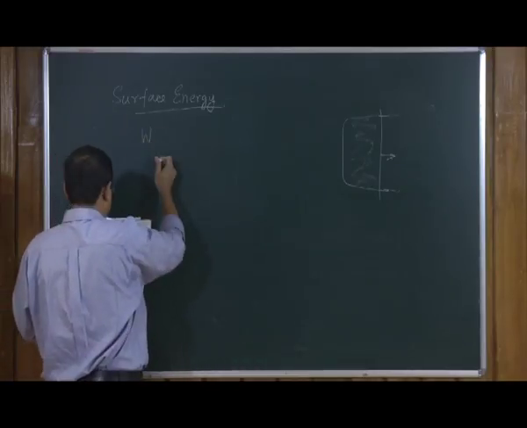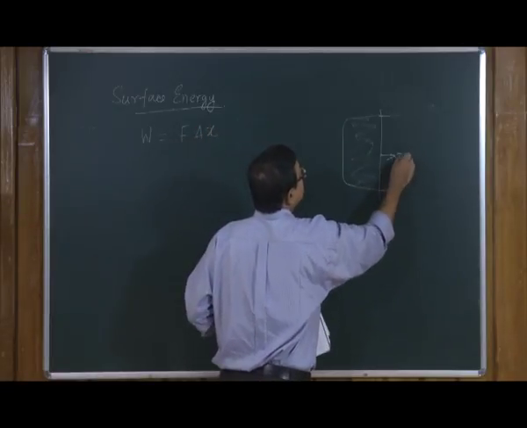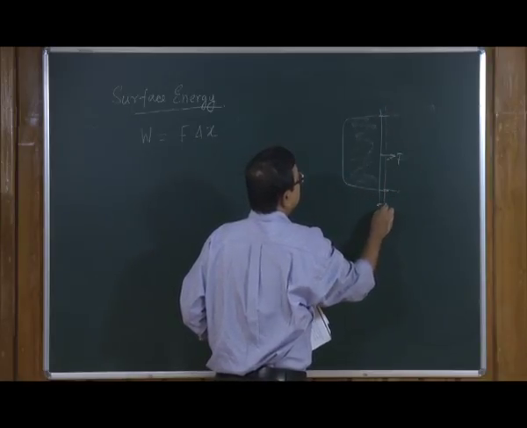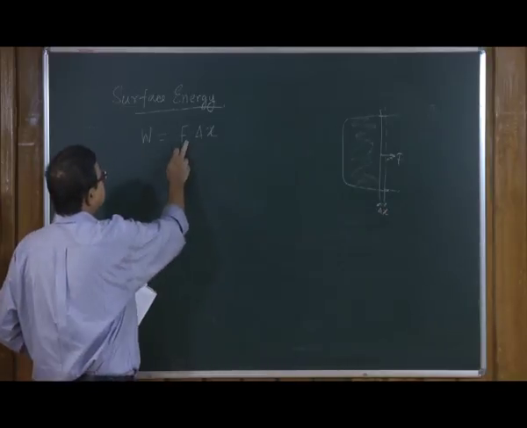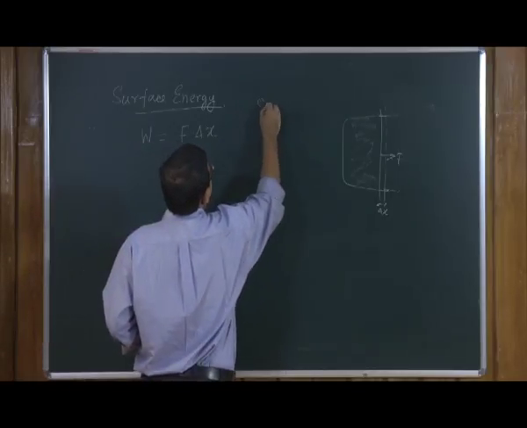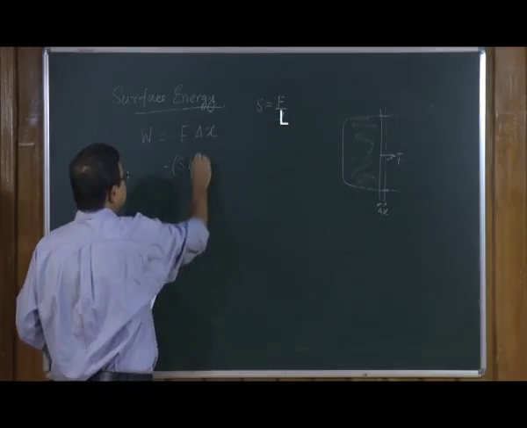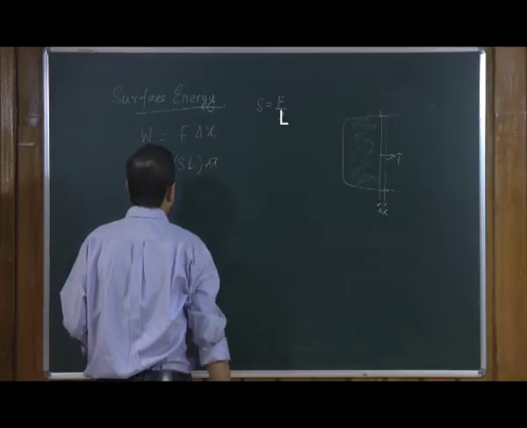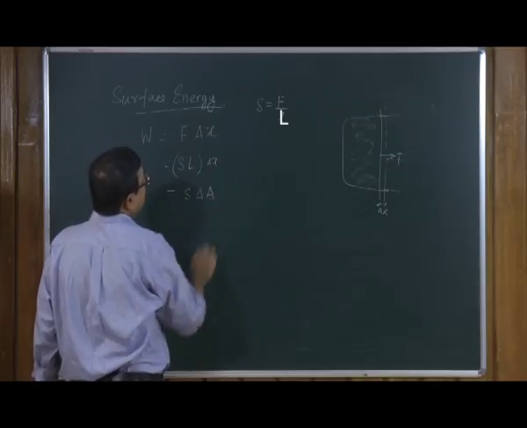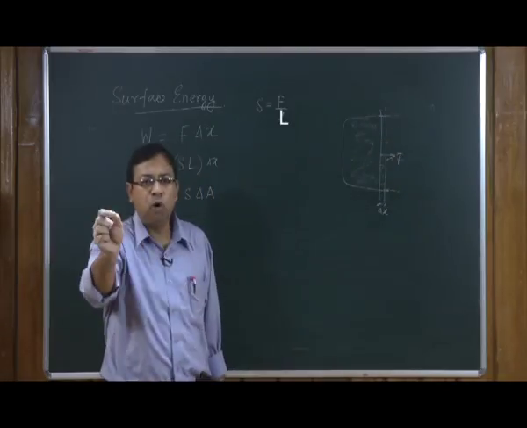The surface energy, or rather the work done to begin with, is defined as F delta x, where F is the force given and delta x is the small extension that happens because of that application of force. And this we know can be written as S into L, because S equals F over L. So, F equals S into L, and then delta x, and this is equal to S into delta A, where delta A is the increase in area that has happened because of this small extension.